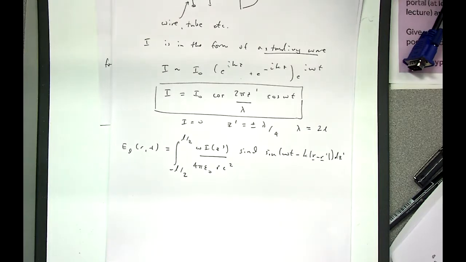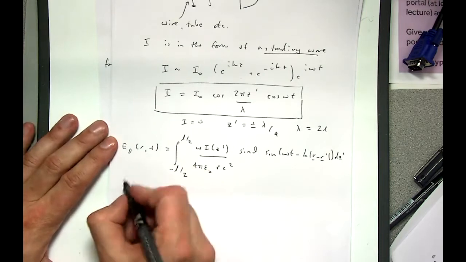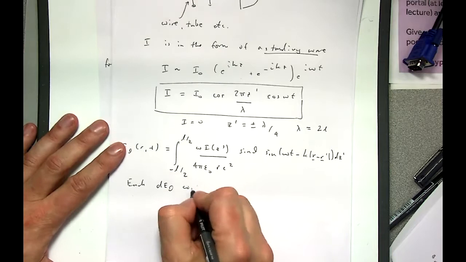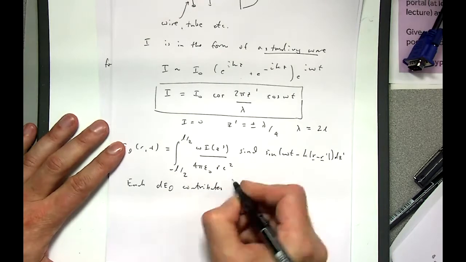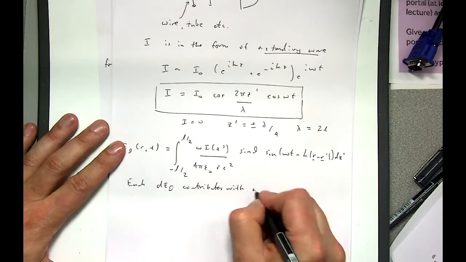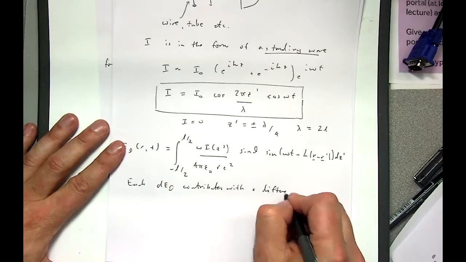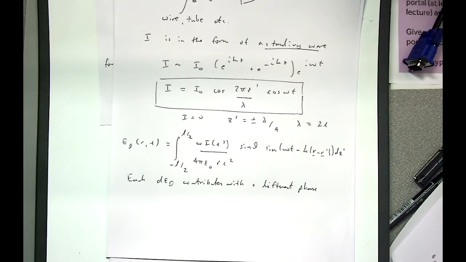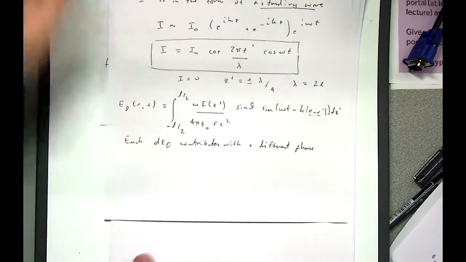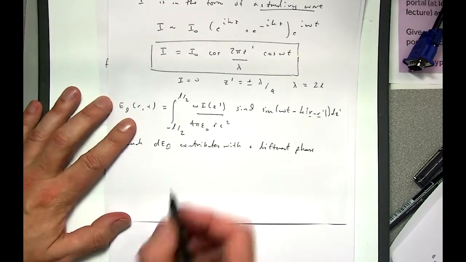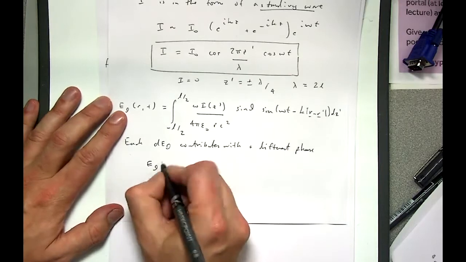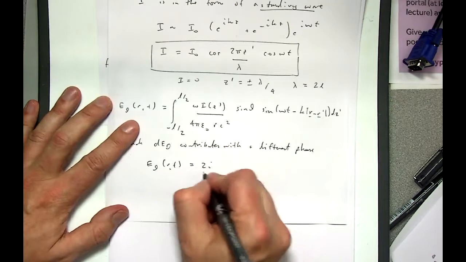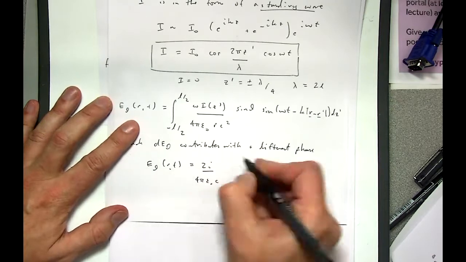So each dE theta contributes with a different phase. So they don't all add up in phase, and we can write down that phase as E theta, R of t, goes as 2I over 4 pi epsilon naught c, I naught.